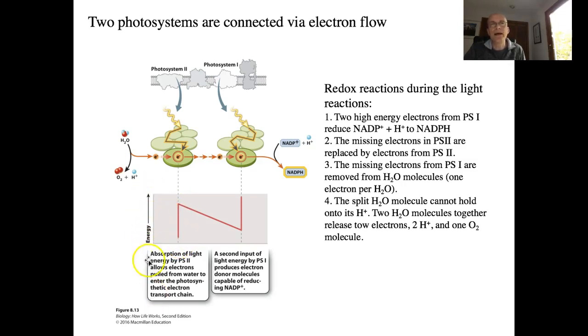If you have energy on the y-axis and the reaction movement in the photosynthetic reaction on the x-axis, the electron is excited, it moves away, and through a series of steps it can take this electron and move it to an NADP plus.